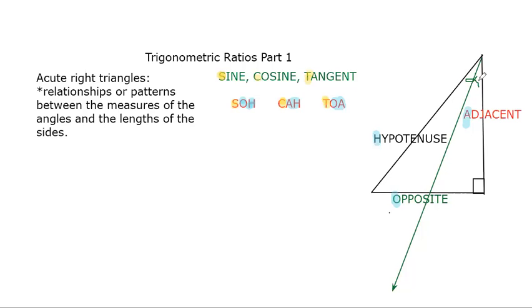So if we're looking at this angle alpha, our first ratio is the sine of alpha equals opposite over hypotenuse.